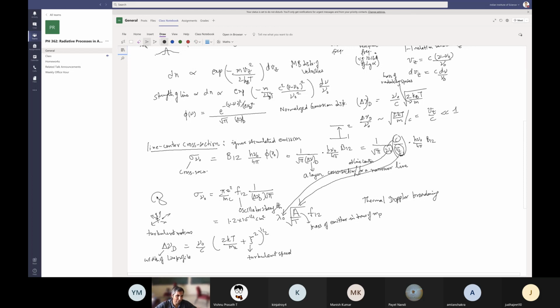You have thermal motion and then random motion, not associated with temperature, but just because of fluid motion. So the two motions add in quadrature: this is due to thermal motion and this is due to turbulent motion. So measuring the line profile can give us a hint about turbulent velocities in the medium.